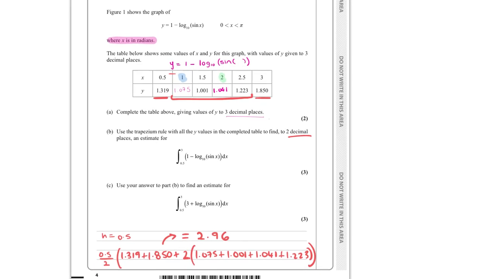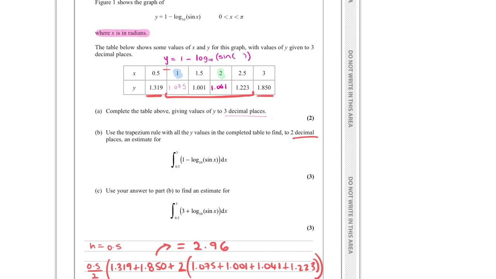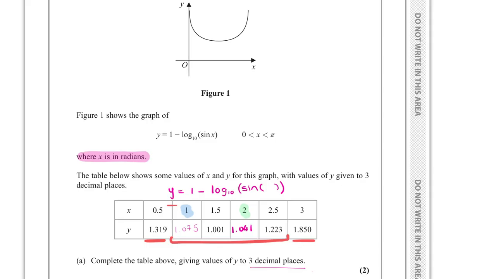The next thing you're going to do is in your calculator, I think everyone's got the integration button. So in your calculator, if you actually put in the integration between 3 and 0.5, okay, because those are x values, of 1 minus log to the base 10, brackets, sine, bracket, x, bracket, bracket. Make sure you do all those brackets or else the calculator will get angry at you, and it won't help you.